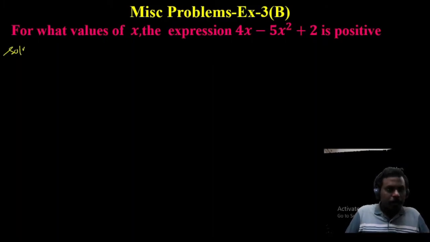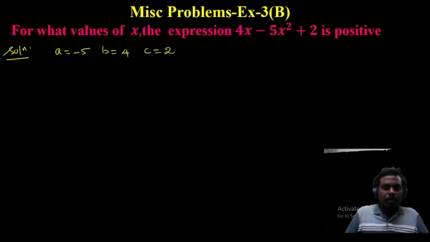The solution goes like this. Let us write down what is a. a is minus 5 and b here is 4 and my c here is 2.